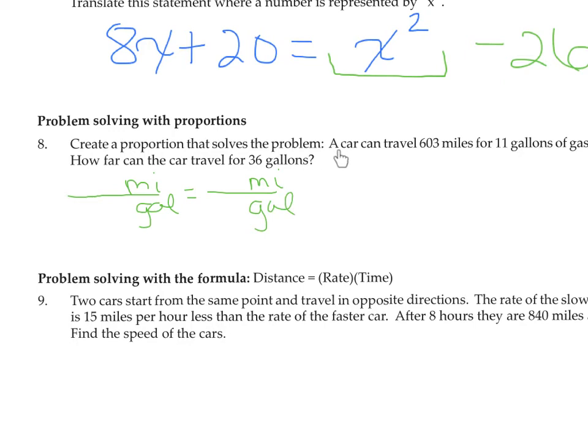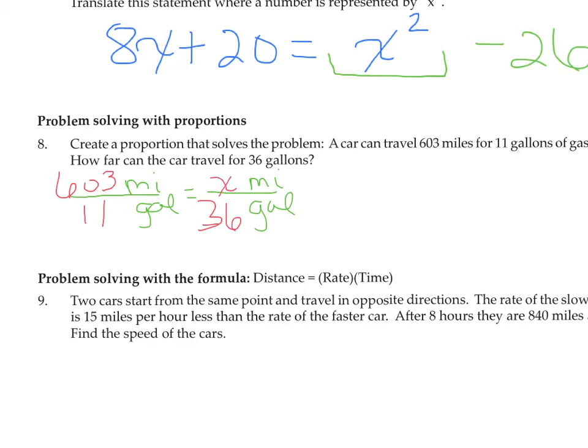All right, a car can travel 603 miles for 11 gallons. So 603 miles for 11 gallons. How far can the car travel for 36 gallons? So the 36 gallons needs to go here on the bottom. And we're looking for miles.